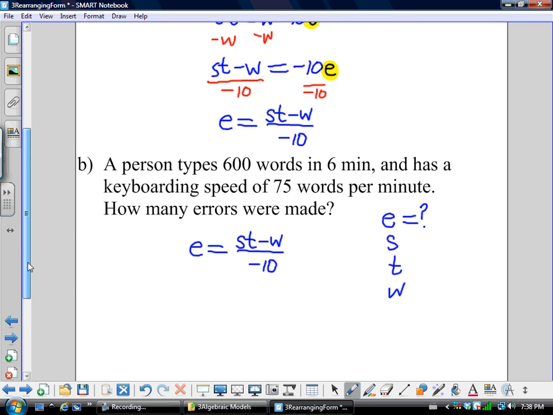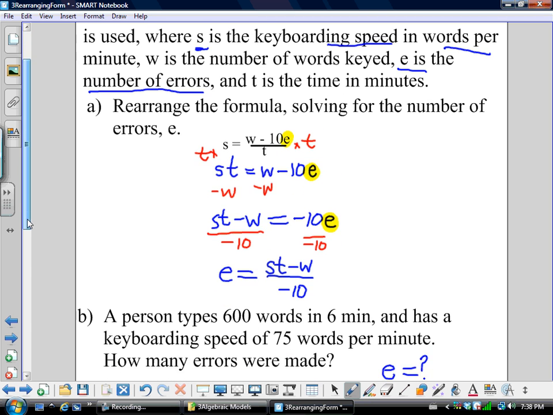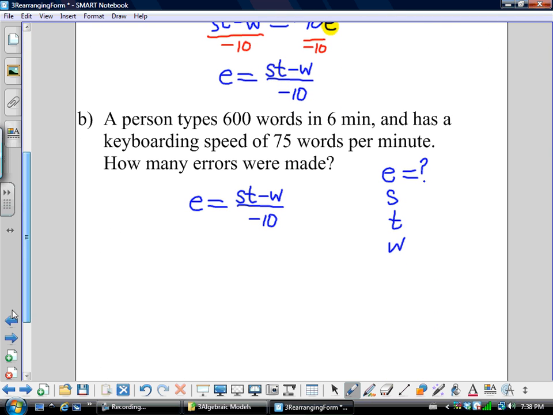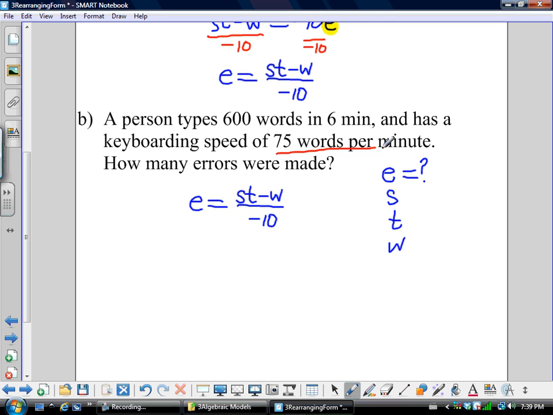S. Again, look back at the original question. Here it is. S is the keyboarding speed in words per minute. So I want something with words per minute. Well, if I look in my question, words per minute is here, 75 words per minute.